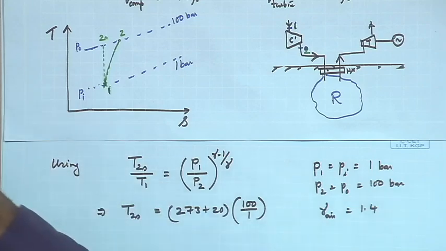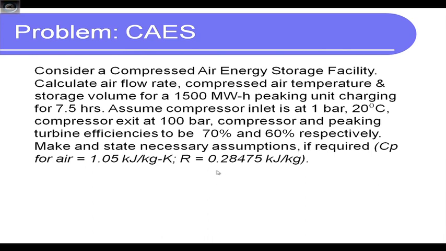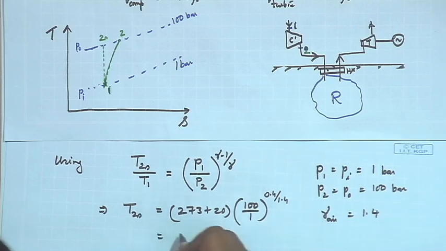Otherwise, from the given data we can also calculate, we have the value of R and the value of Cp for air given. So, we can also calculate gamma, but we know that gamma for air will come to be 1.4. So, let us write that 1.4, 0.4 over 1.4.